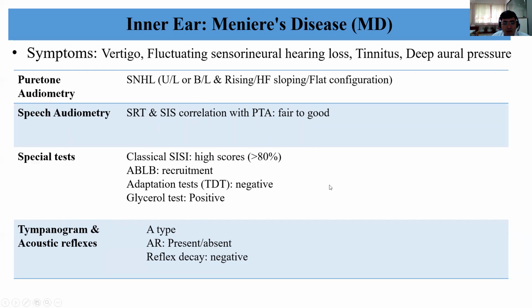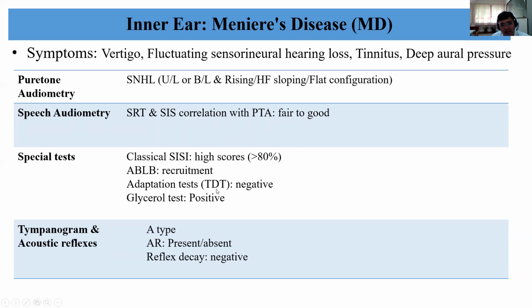And there are some special tests in these conditions which help you to clinically understand the pathophysiology of this disease, like the short increment sensitivity index, classical SISI. If you ask the clinician to perform it, you will get to know whether Meniere's is there or not. Similarly, ABLB, that is the alternate binaural loudness balance test, will help clinicians understand whether recruitment is present or absent.